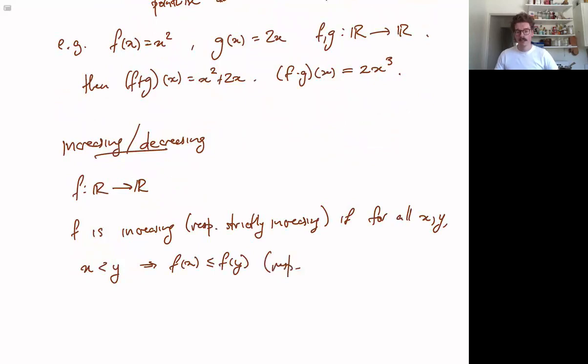And for strictly increasing, we would say that f of x is strictly less than f of y. So you should think of this as saying that if you increase the input, then the output increases. This is why it's called increasing. And if it's strictly increasing, then the output strictly increases.